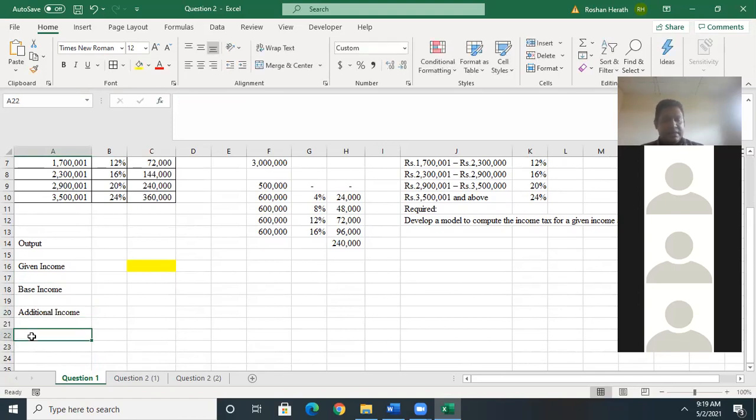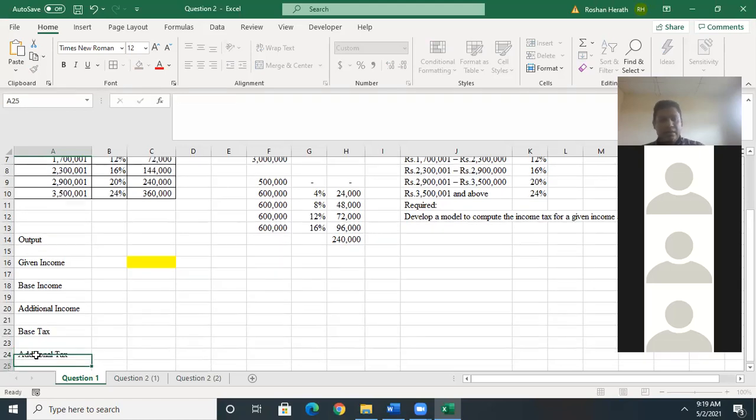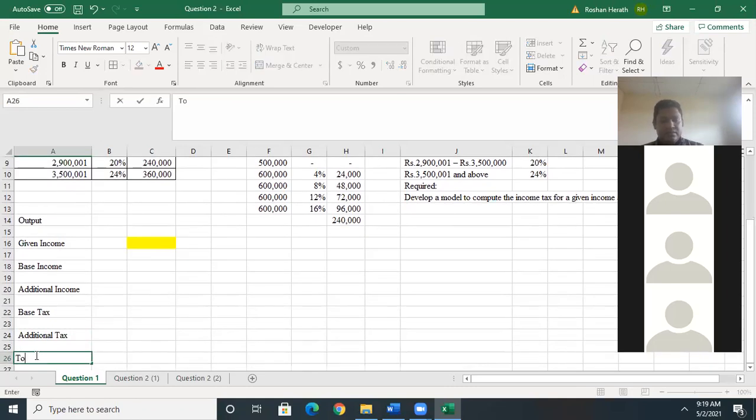Then the base tax can be taken, the tax for the base. Then the additional tax, and thereby the total tax. You can develop a simple structure like this, right?